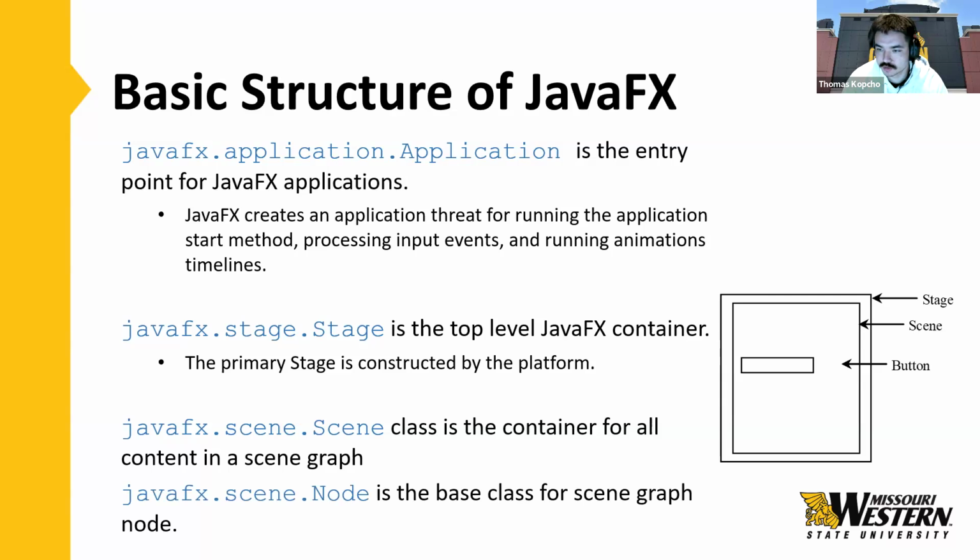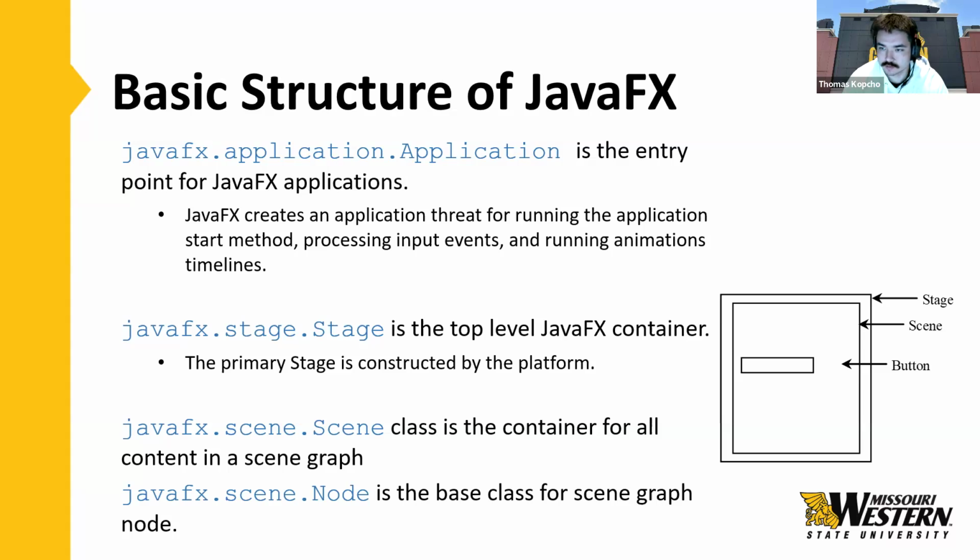Scene graph is simply a tree of these nodes organized in a parent-child relationship, right? So for example, a button is a node, a label is a node, and layout panes like VBox or BorderPane are also nodes that contain other nodes. Okay. So putting it all together, the stage is your application window. The scene is the object that holds and organizes all visual elements.